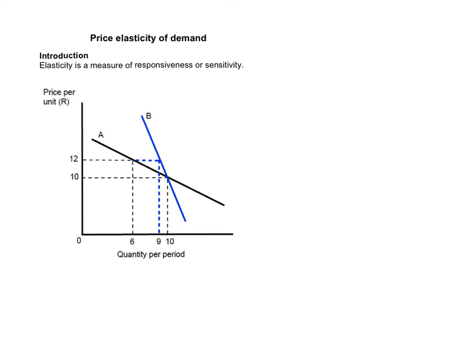In the diagram, we see a different response to a change in price in the case of two products, product A and product B. For both products, we start at a price of 10 Rand per unit, and the quantity demanded is 10 units per time period. So in both cases, the total revenue is 100 Rand. Let's see how that's worked out.